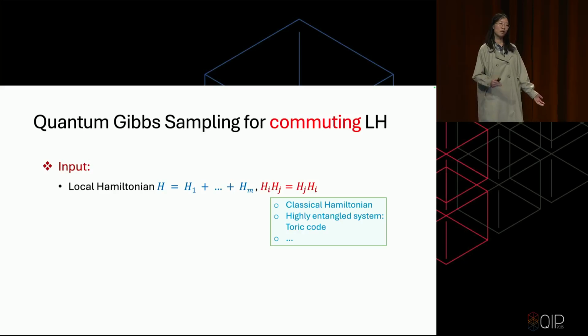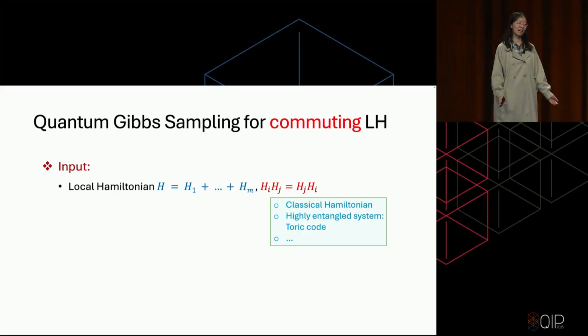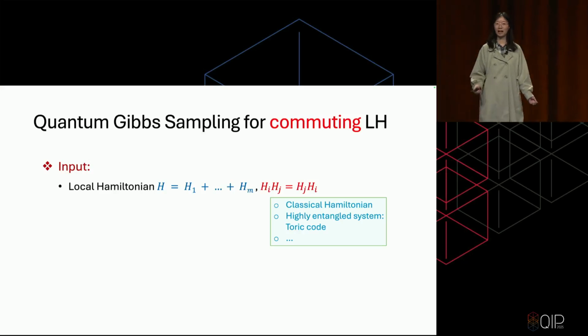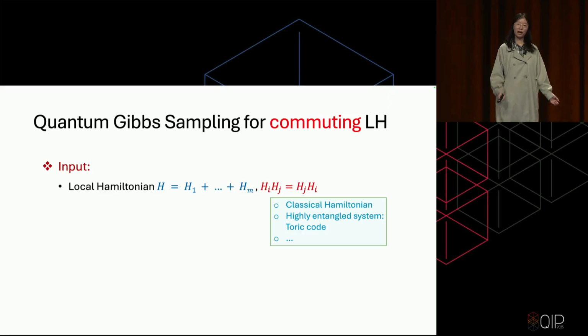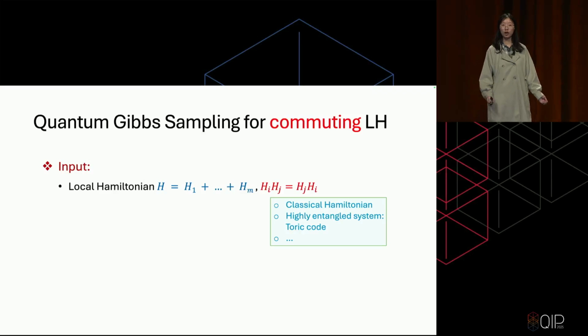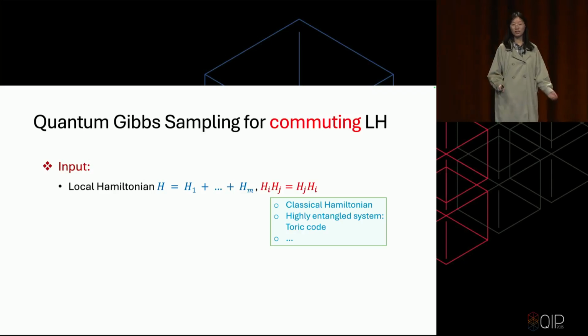But commuting Hamiltonians can be much more non-trivial than classical ones. Classical means low entanglement, but commuting Hamiltonians can be highly entangled. They contain all the stabilizer codes, including the toric code, whose eigenstate cannot be prepared by an arbitrary constant depth quantum circuit. So that's a short introduction to commuting Hamiltonians.